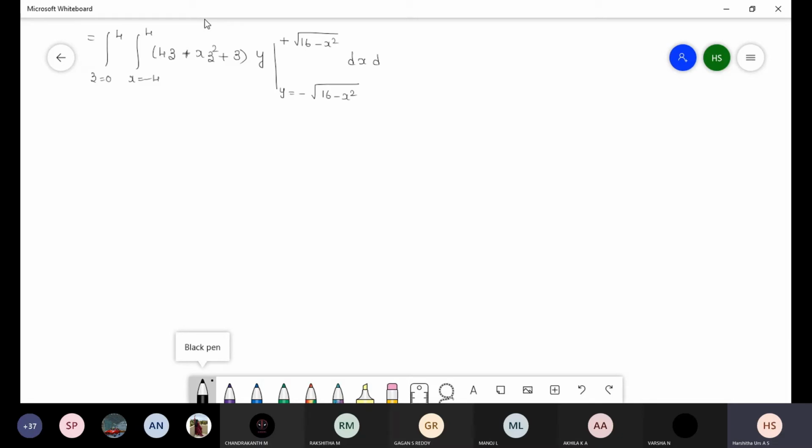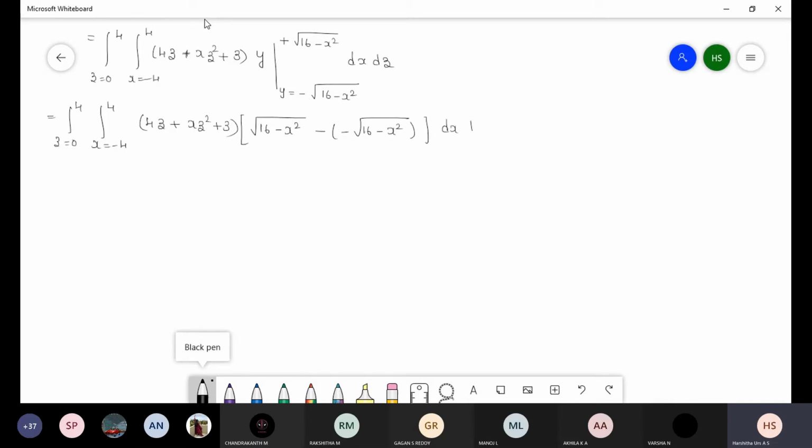Next, z is equal to 0 to 4, x is equal to minus 4 to 4. Now I write 4z plus xz square plus 3 as it is. I just do the upper limit substitution: root of 16 minus x square, minus of minus root of the lower limit 16 minus x square.